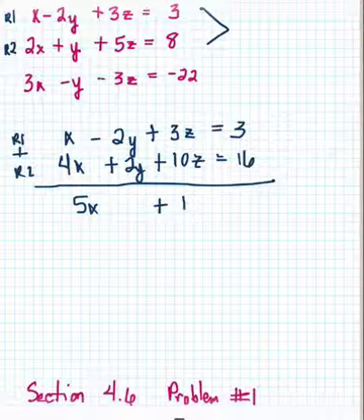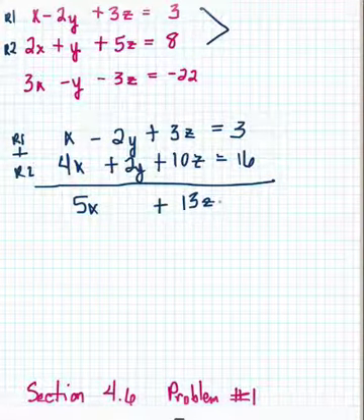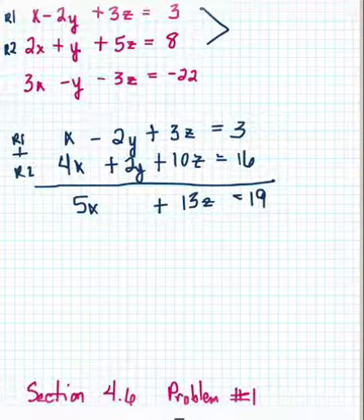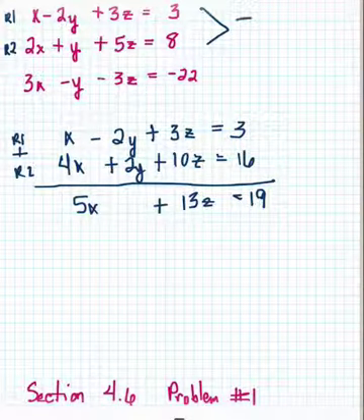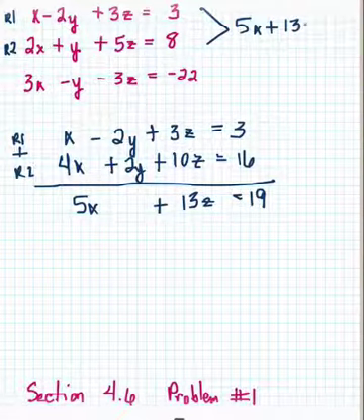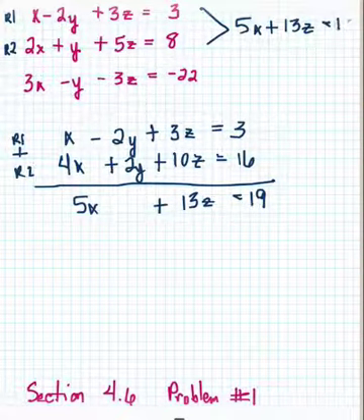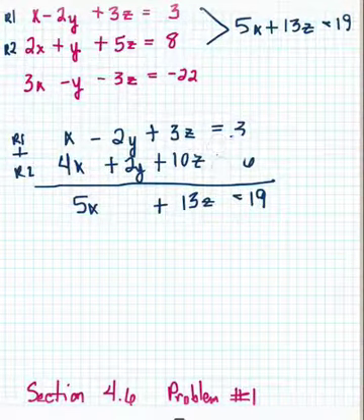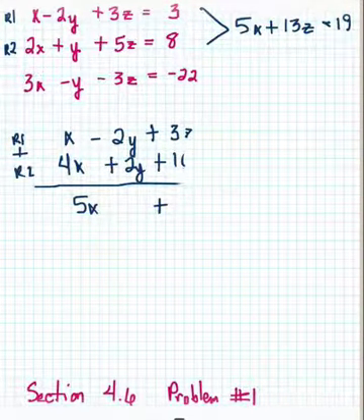Got rid of the y's. All right, which is good, but I'm going to have to do it again. Equals 19. And that's going to be my first equation up over here: 5x plus 13z equals 19. That's what I'm going to get dropping the y variable in the first two equations.